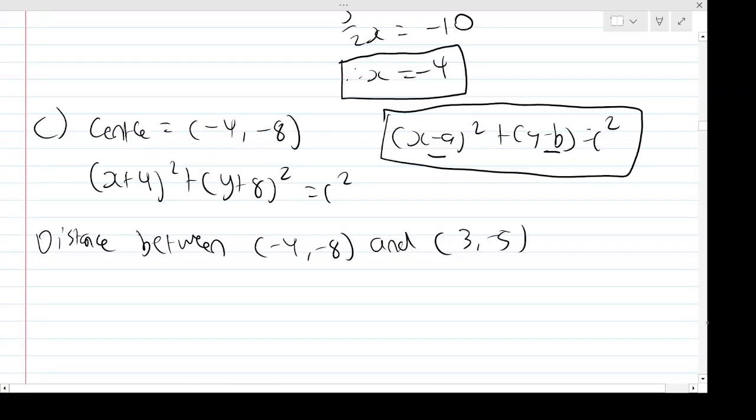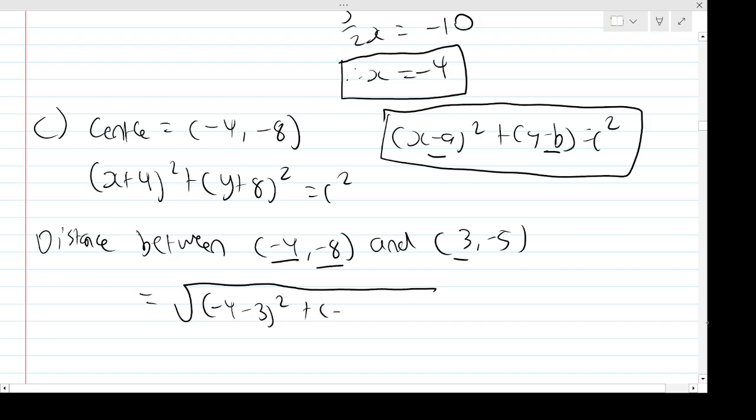Then how do I work out the distance between 2 points? I know how to do that. I did it in the last section when we looked at lines. We can work out the distance using Pythagoras. So that's going to equal the root of the change in x, so that's minus 4 take away 3, all squared, then the change in y, minus 8 take away minus 5, all squared.